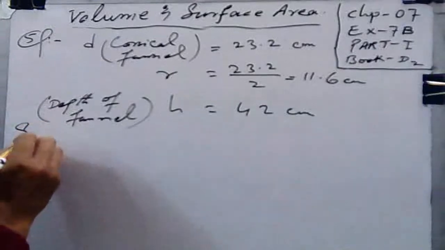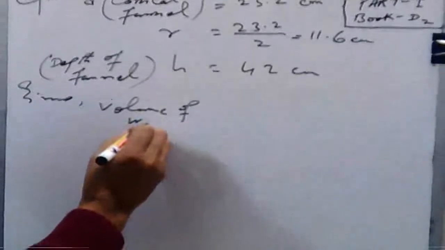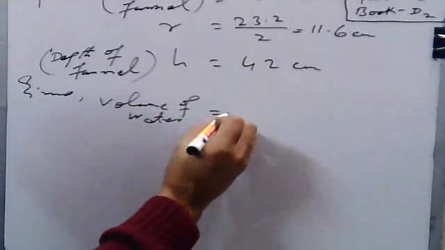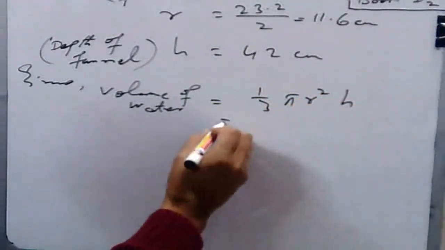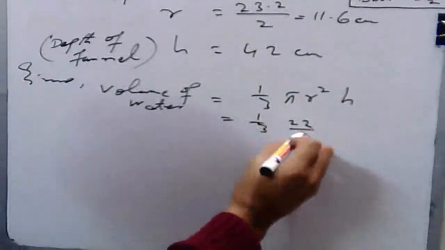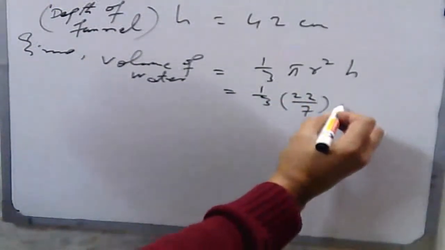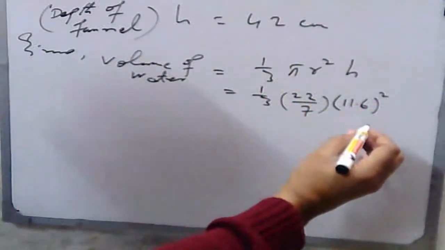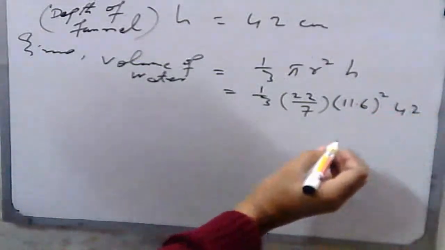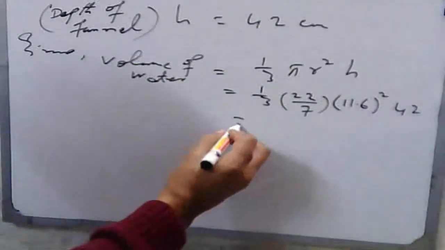Since the volume of water is equal to 1 by 3 pi r square h, putting the values, 1 by 3, the value of pi, and the value of r is 11.6 square, and the height is 42 centimeter.